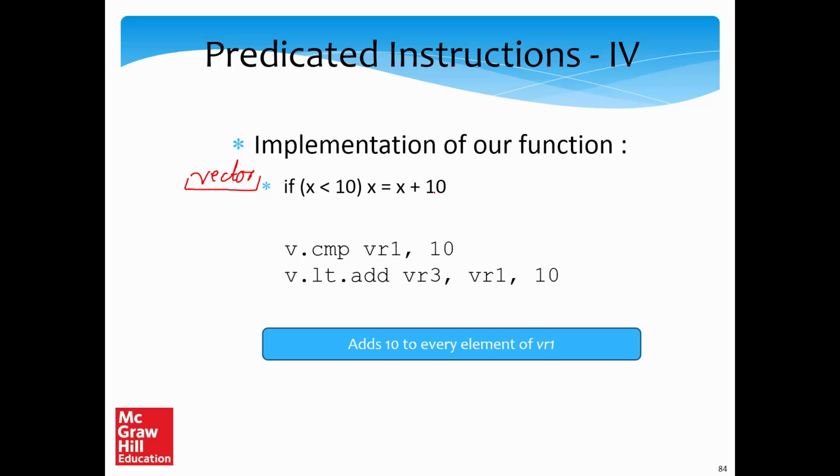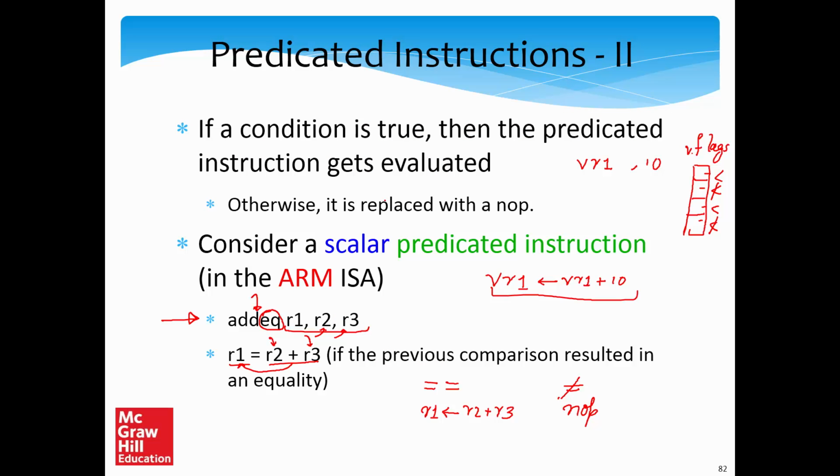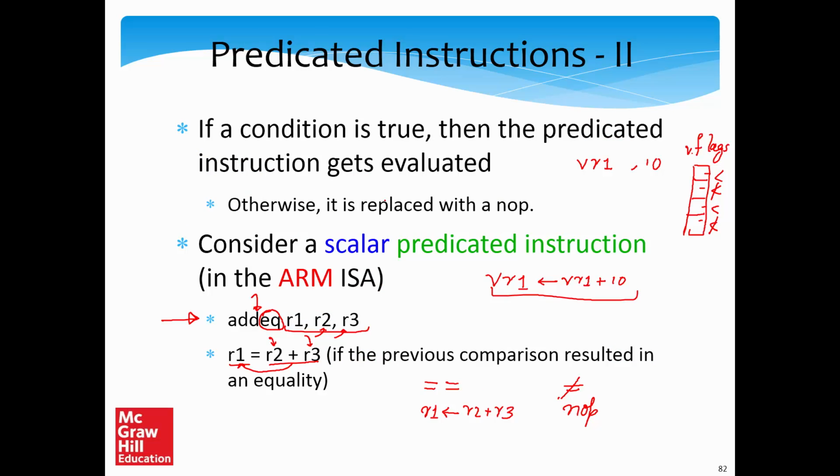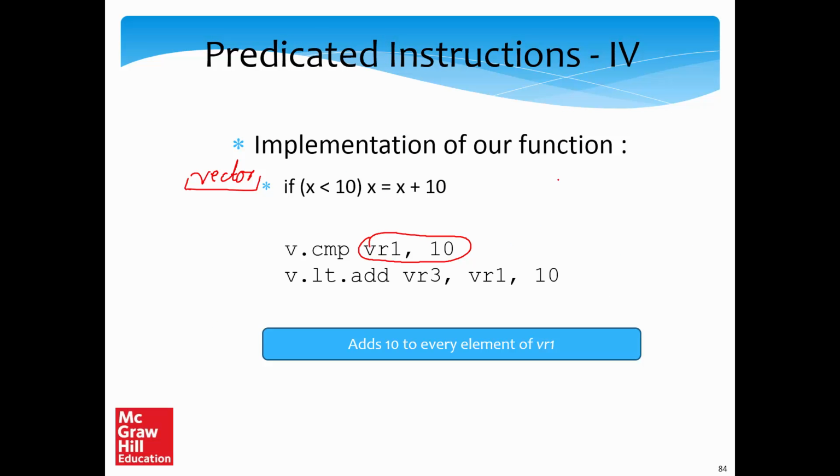So what we do is first compare VR1 with 10. Let's look at a running example once again. Let us consider the vector v, which is 1, 11, 2, and 16. Let us compare each of these elements with 10.